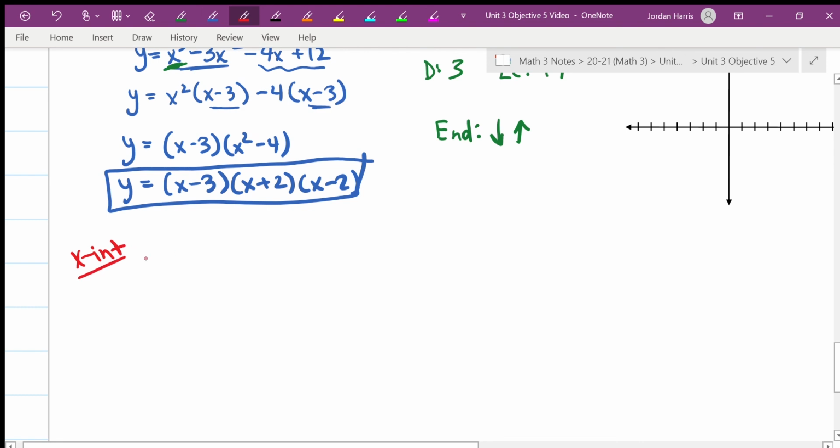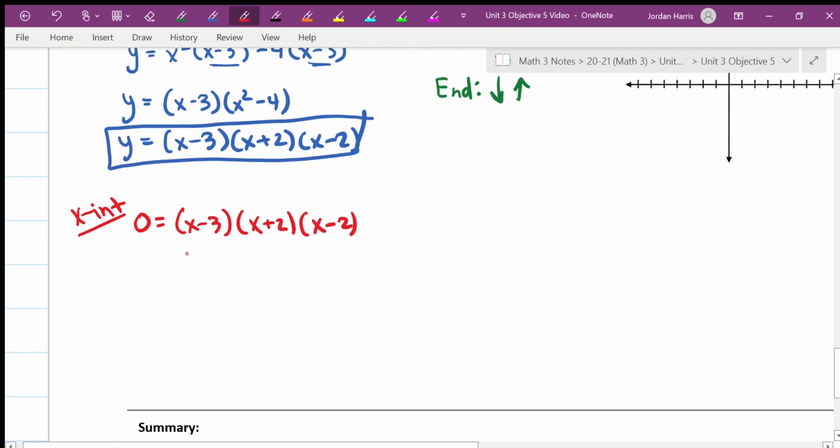It's not always going to be that. X-intercept, 0 equals x minus 3, x plus 2, x minus 2. So I get x equals +3, x equals -2, x equals +2, all with a multiplicity of 1.